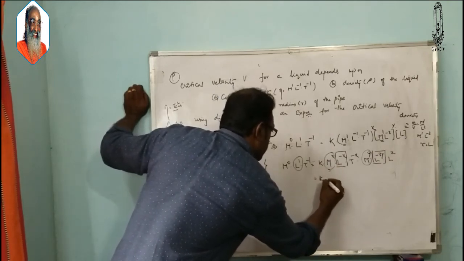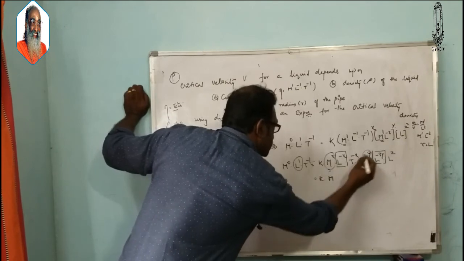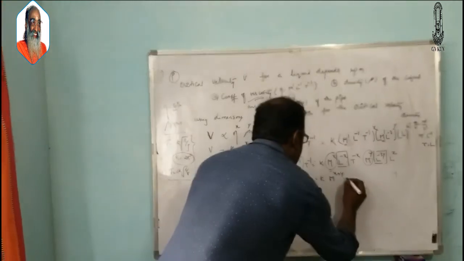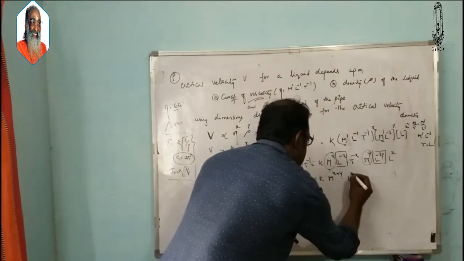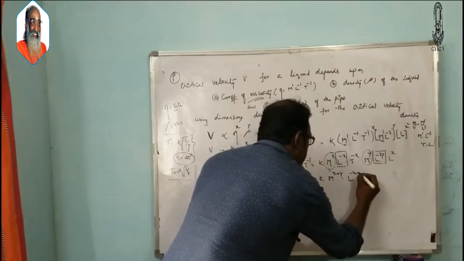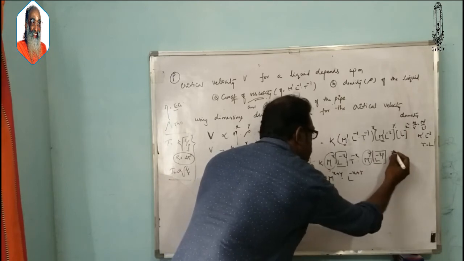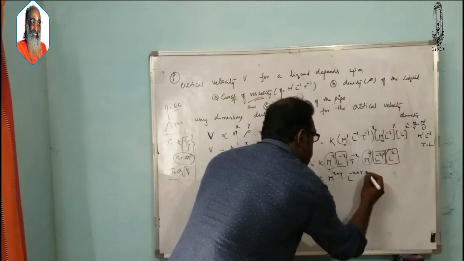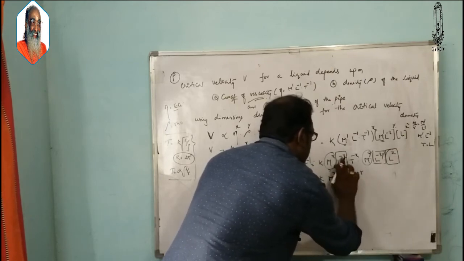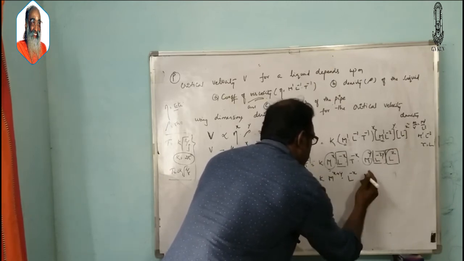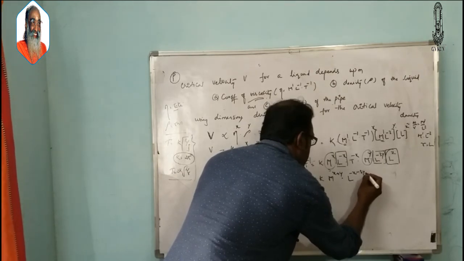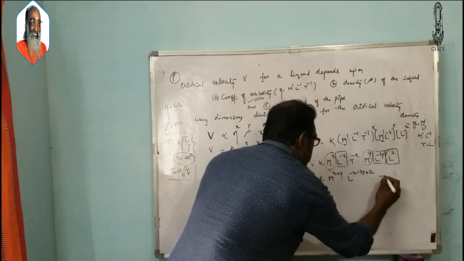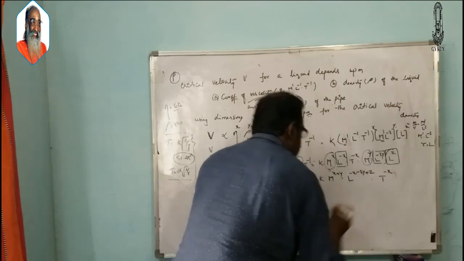For M, it is x plus y, and for L it is minus x minus 3y plus z. And for time, only one term is there, that is minus x.